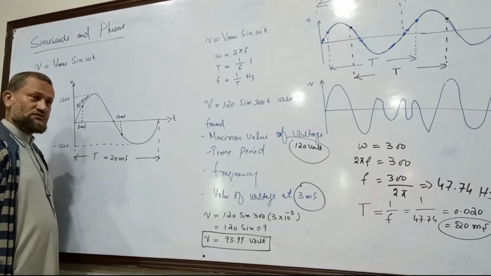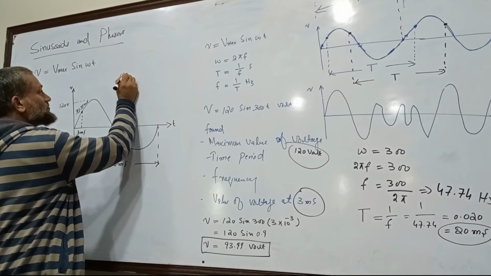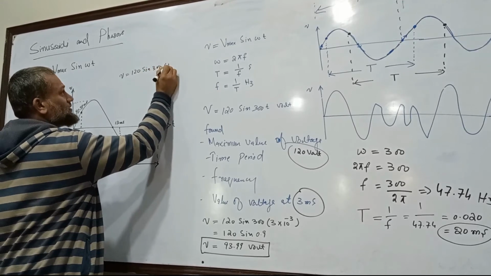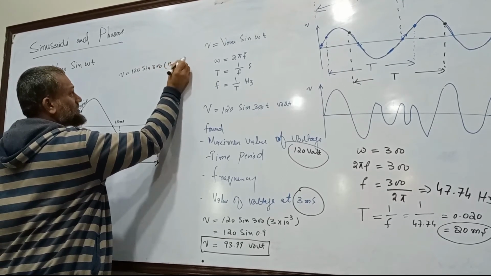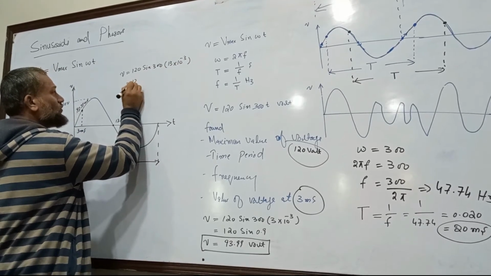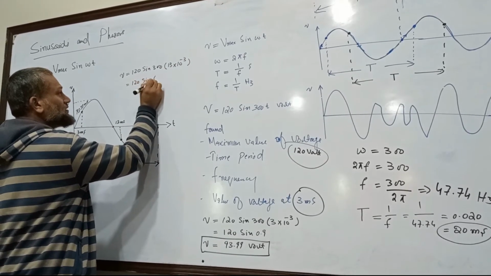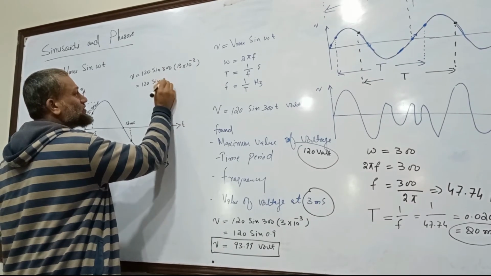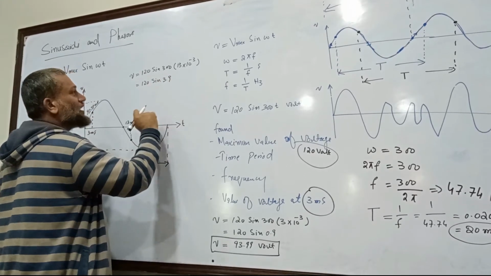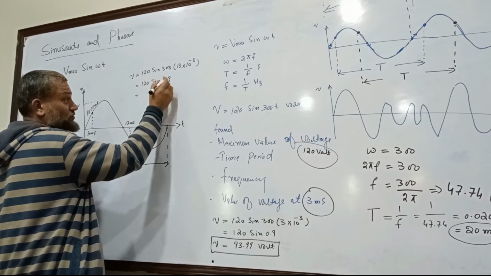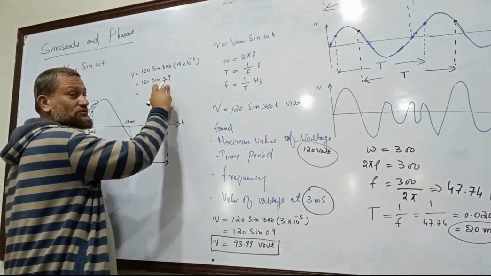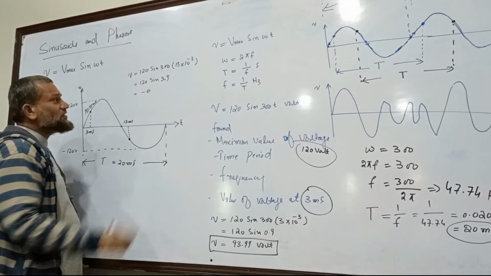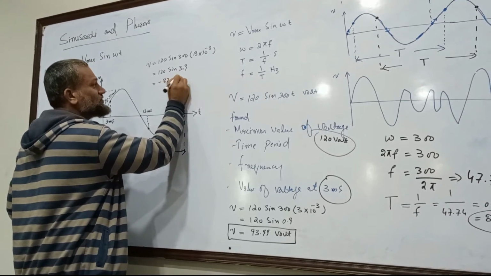So just calculate. 120 sine, 13 times 10 to the power minus 3, 120 sine, and how much is this one? 3.9. Take the radian value, 0.68. 82.53 volt.